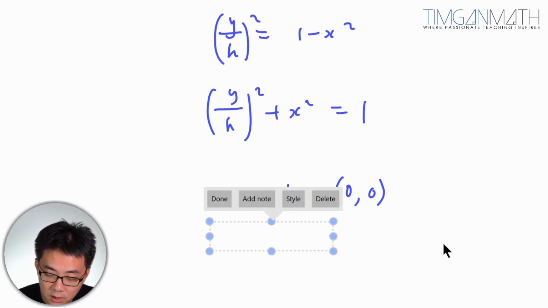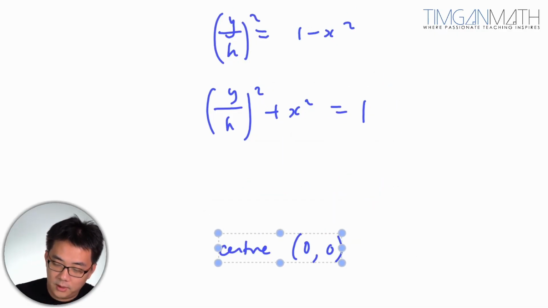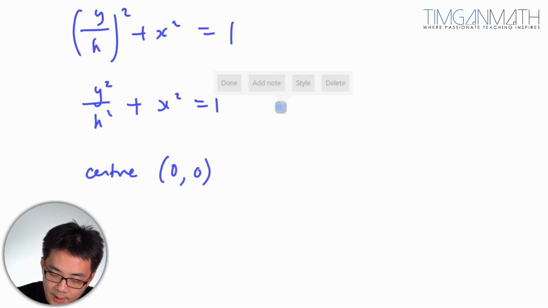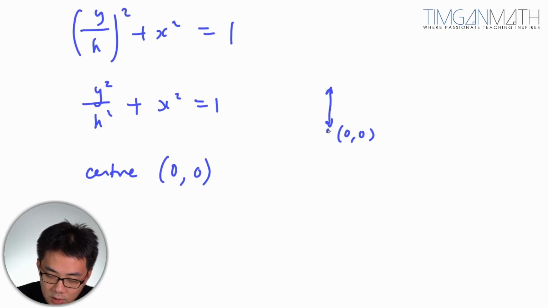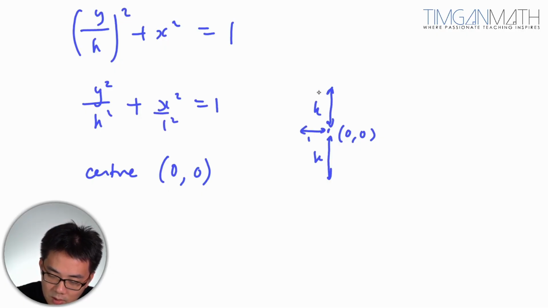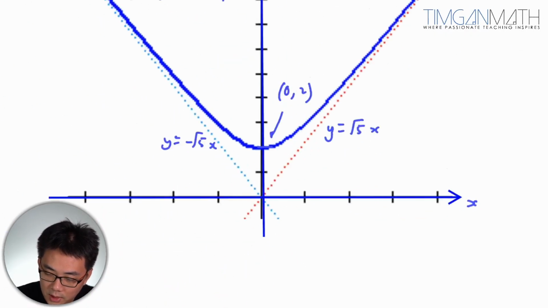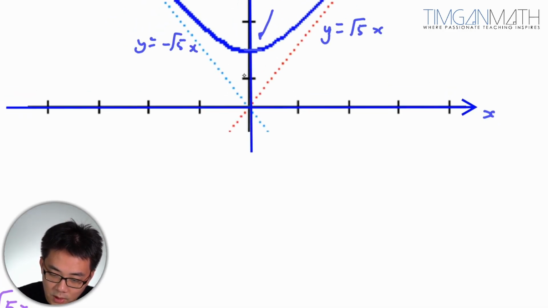This is y squared over h squared plus x squared equals 1. The major radius here is h, and this is 1 unit, because this is 1 squared. So this ellipse looks like that, with 1 unit at this side and 1 unit at the other side. Imagine that this ellipse spans from here to here.